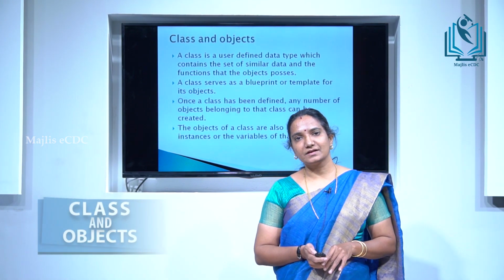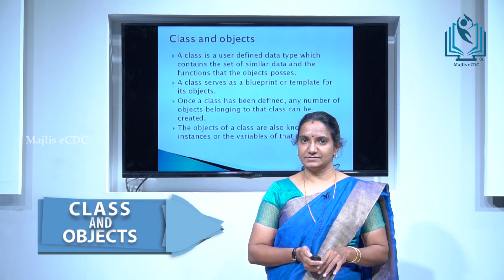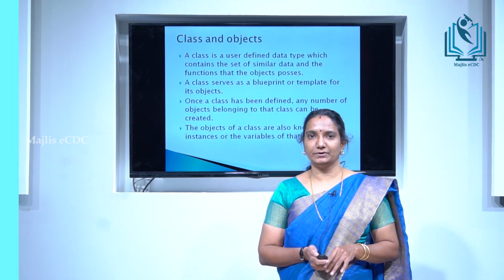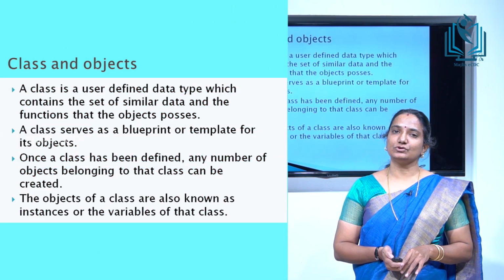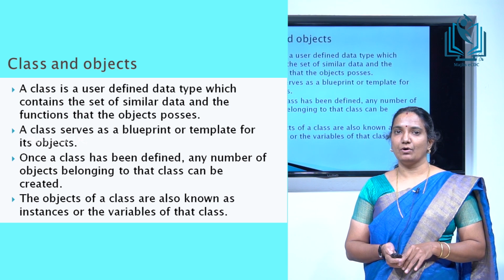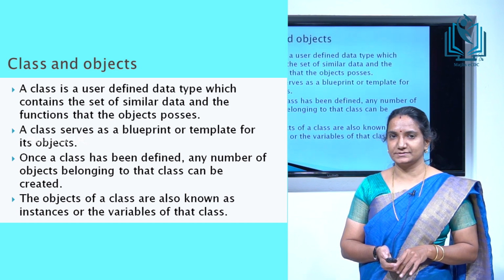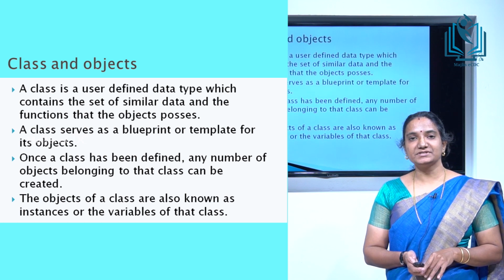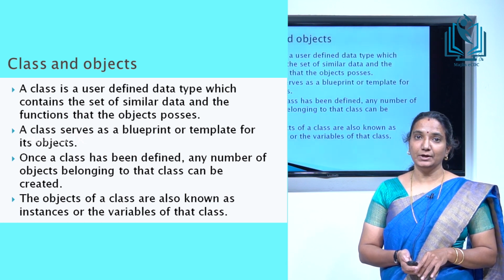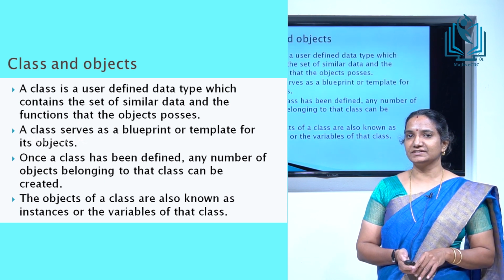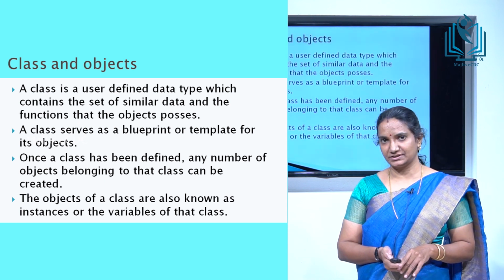What is a class and objects? First, a class is a user-defined data type which contains a set of data and functions that its objects possess. Here, user-defined means it comes under the non-primitive data type category. We know that there are two types, primitive data types and non-primitive data types.